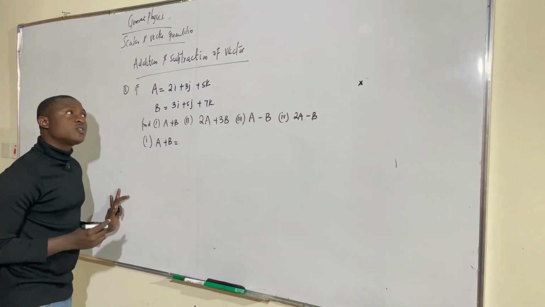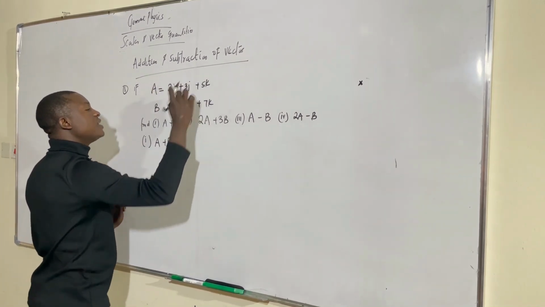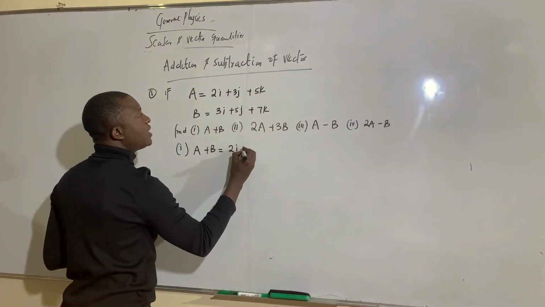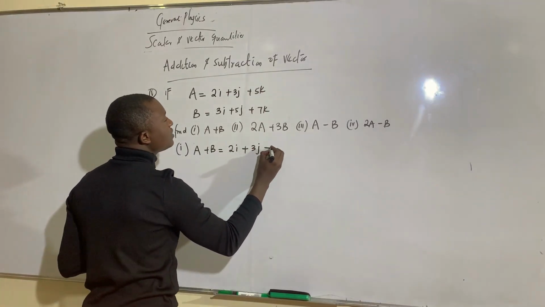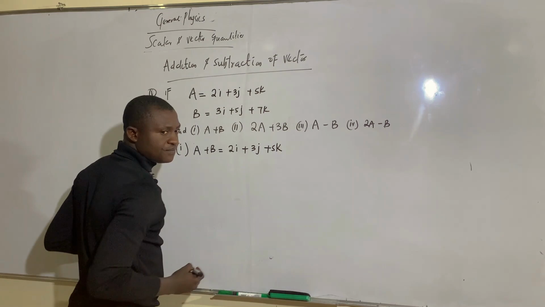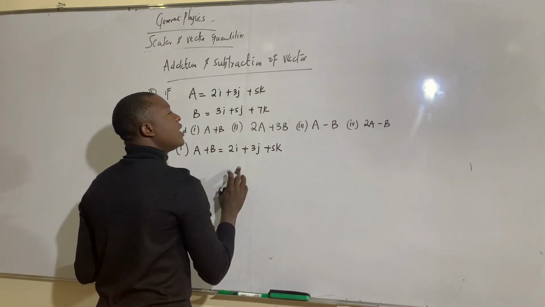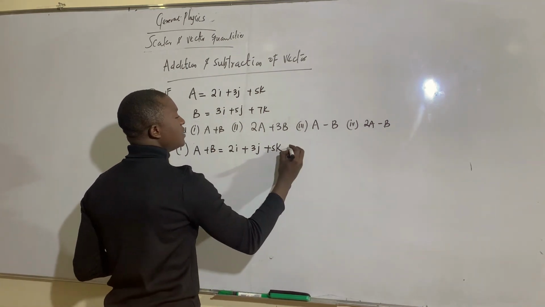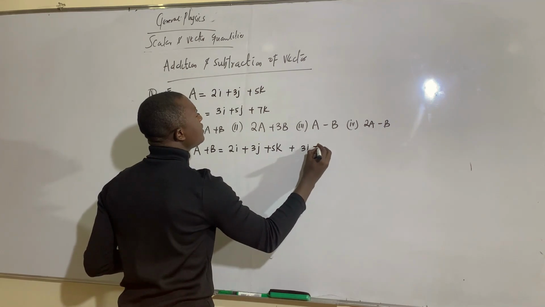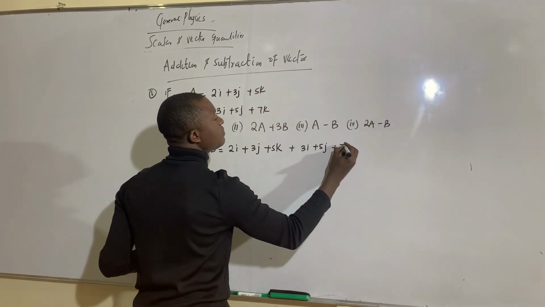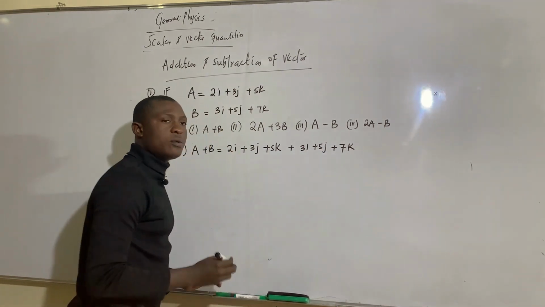Now vector A is given as 2i plus 3j plus 5k, and vector B is given as 3i plus 5j plus 7k. How are we going to go about this?